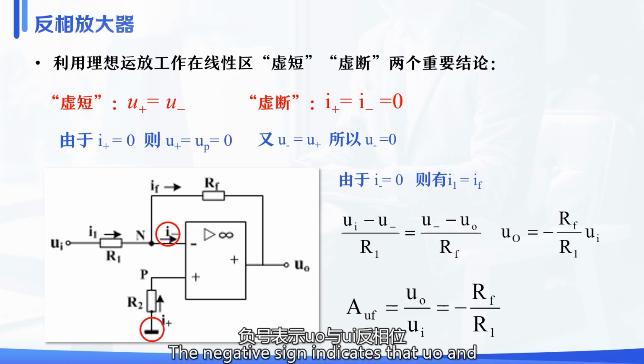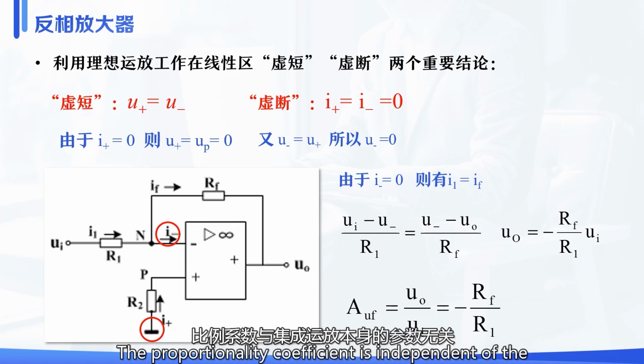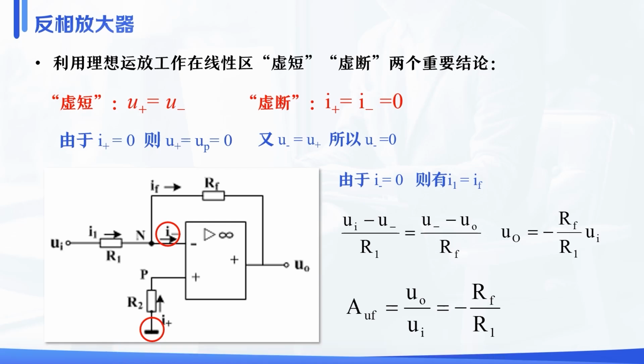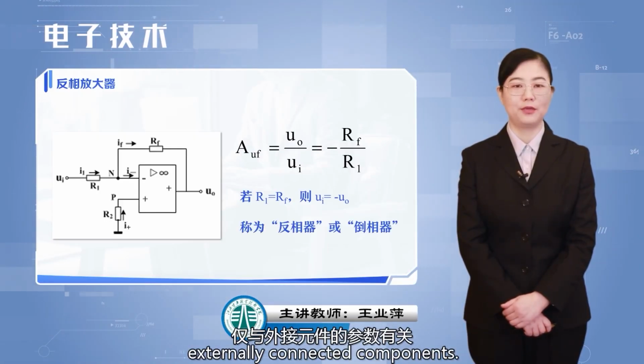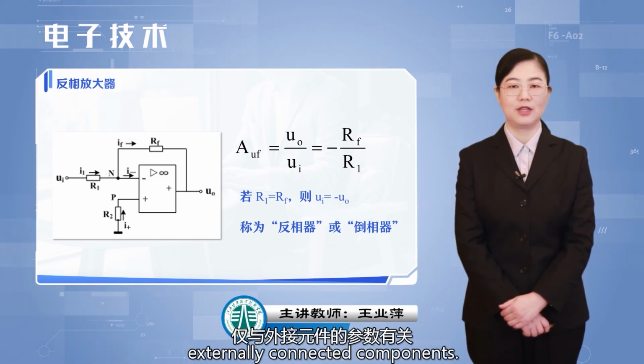The negative sign indicates that UO and UI are out of phase. The proportionality coefficient is independent of the parameters of the integrated operational amplifier itself. It is only related to the parameters of the externally connected components.